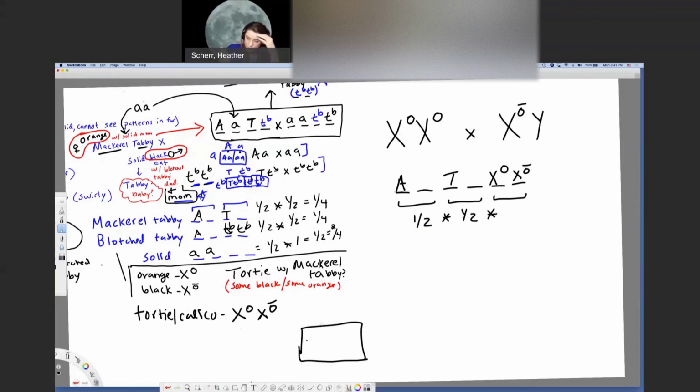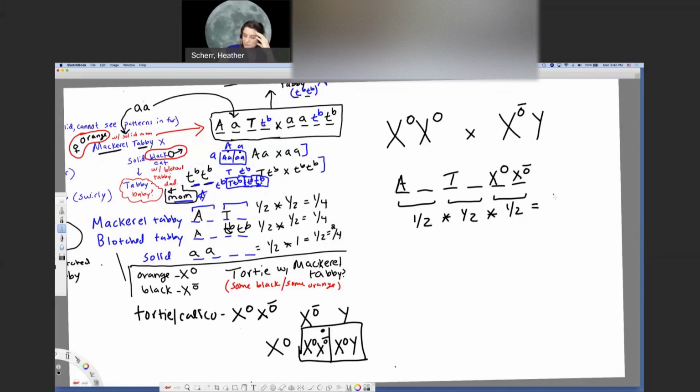Now, we have a parent with only one option, so the mom only has eggs with the O. The dad has half X's and half Y's. Now, of course, the only one that'll give you a tortie or tortoiseshell is this one. So the probability of that in this case is also a half.